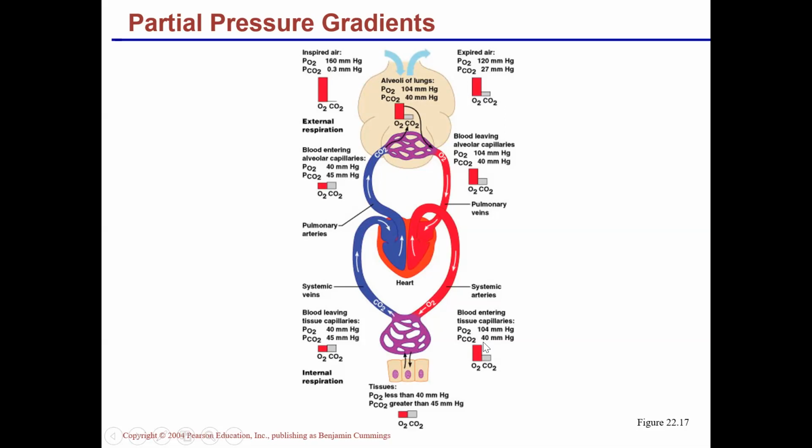If you look at the tissue cells, the partial pressure for oxygen is about 40. Now you understand. So the oxygen will leave the capillaries and get into the cell. And same principle, CO2 will leave the cells and get into the blood. So this is a diagram you probably should go over by yourself again.